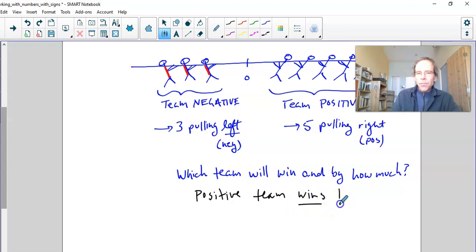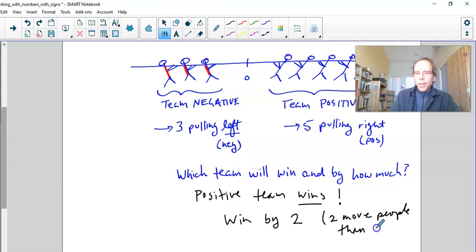First of all, the positive team wins, and they win by 2. They have 2 more people than the negative team.